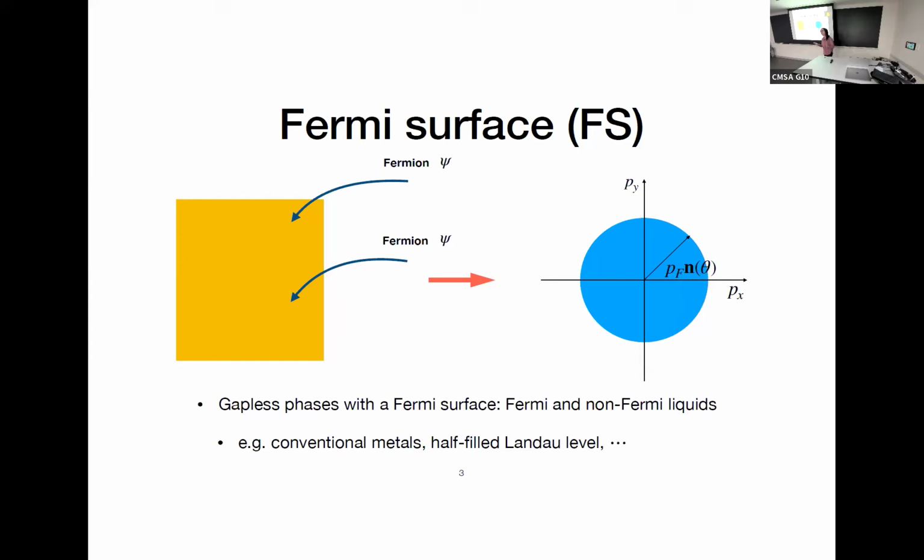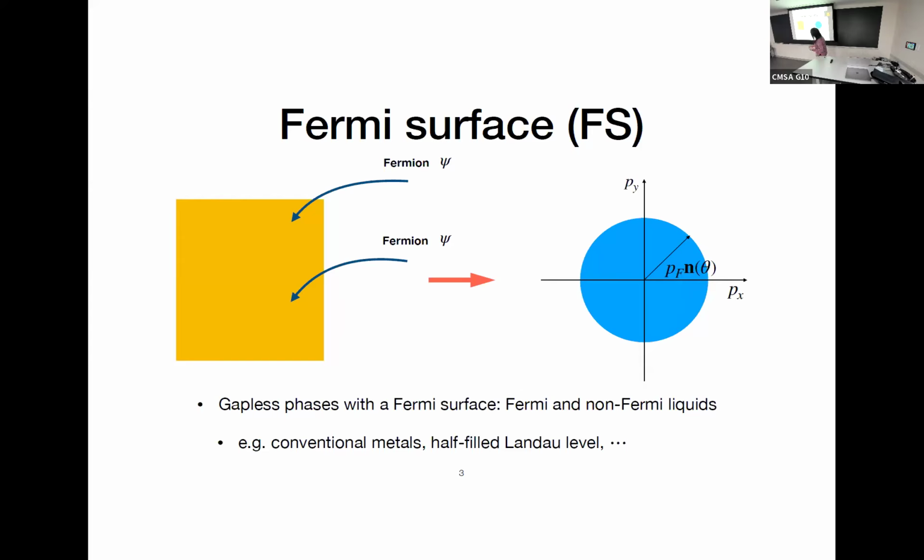We throw some fermions into this box, and the state of the system can be described by some wave function. Now we add more and more fermions into this box, and in the thermodynamic limit, we know the system will form a system with a Fermi surface, like what we illustrate here.